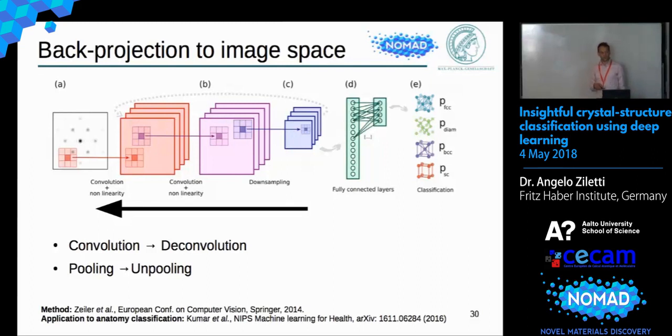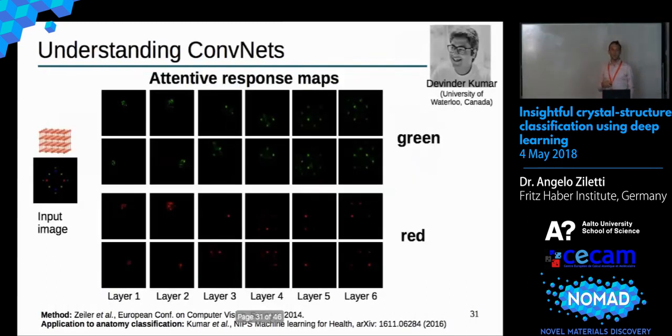So what we are looking at is attentive response maps. You have an image here, and as a human, you see that to classify this image, as you saw before, you look at the relative orientation of the points, the relative position of the points. You will not look at the shape, but where these points are arranged. The first layer in the neural network looks just at the shape around here, and that's not the right thing to do.